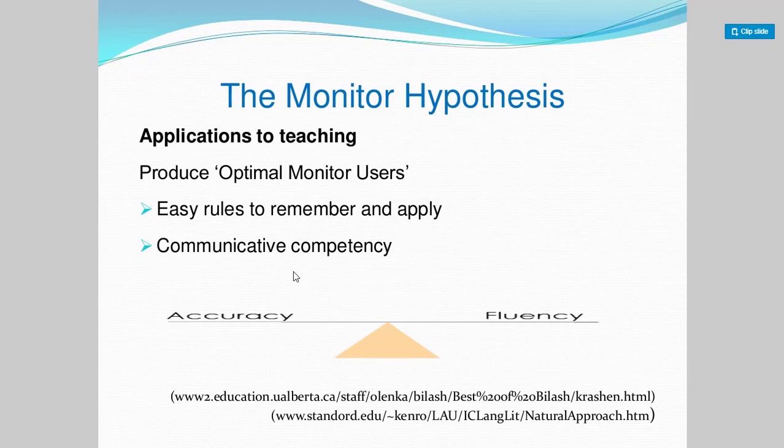And also, this is going to be focused on communicative competency. Therefore, there's going to be a direct relationship between accuracy and fluency. The more accurate you are, the more fluent you are. Why? Because you have been an optimal monitor all over your learning process.